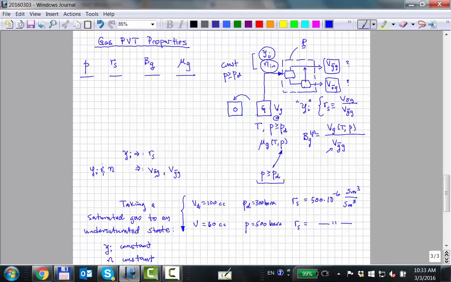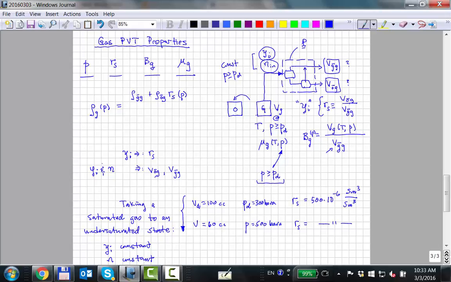So these are the three properties of gas. And likewise to the oil, we can do the material balance like I did Tuesday. The gas density at a given pressure is basically the density of the surface gas coming from the reservoir gas plus the density of surface oil coming from the reservoir gas times the little rs.